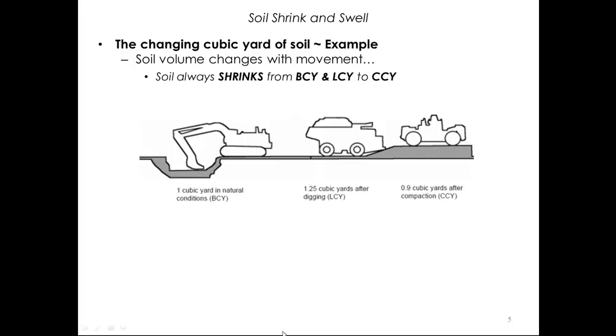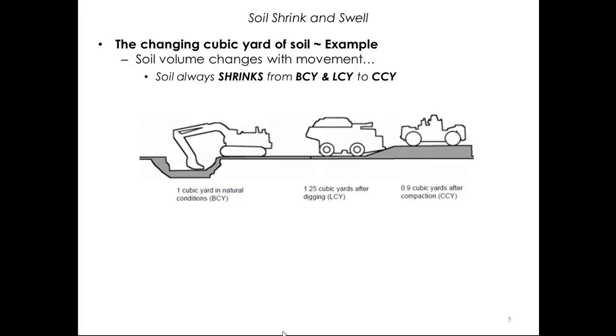Let's consider how shrinkage works. Here's the deal. Soil ultimately decreases in volume from cut to fill. That is, from BCY to CCY. To me, it's always been interesting that as contractors, we actually improve soils for construction by making them more compact. That is, denser and stronger than they were left by nature.